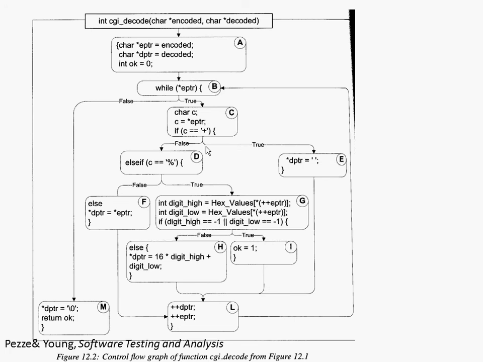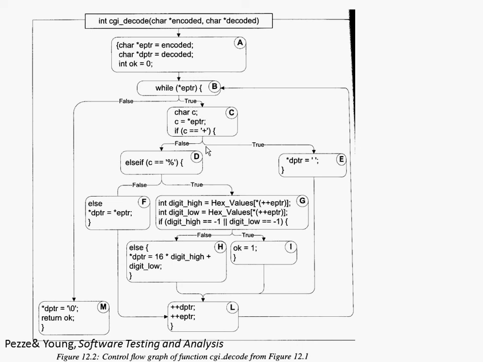So the first character in the encoded string can't be empty. Then at C, the first time through you went to D, so we need the first character to be plus, right? To make it go from B to C.